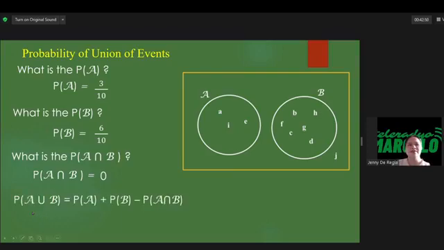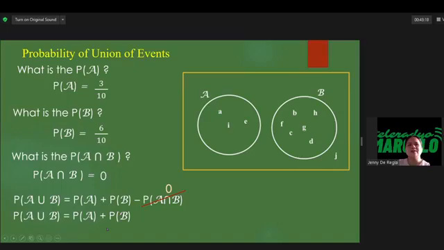Next, what is the probability of A union B? The probability of A union B is equal to the probability of an event A plus the probability of event B minus the probability of an event A intersection B. Their intersection is equal to 0.